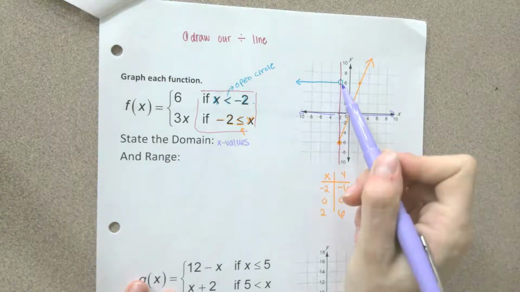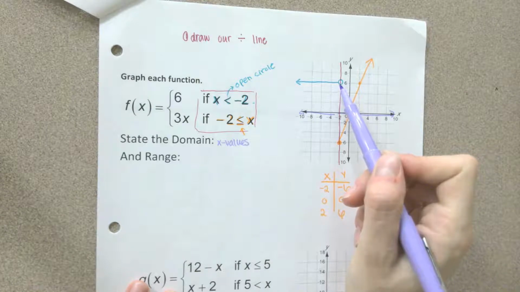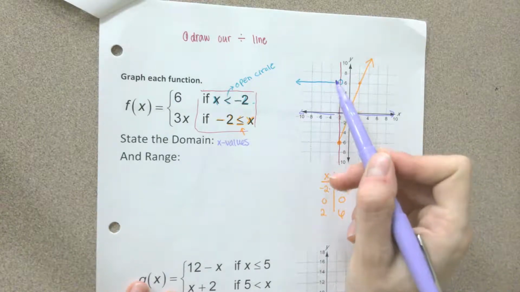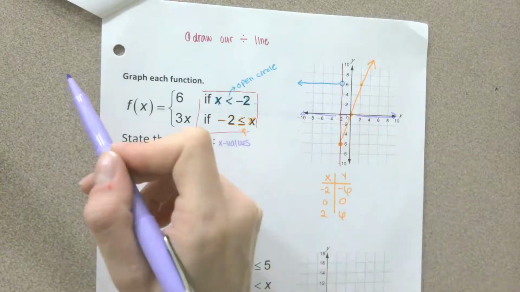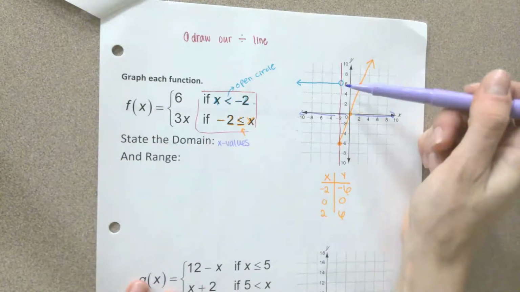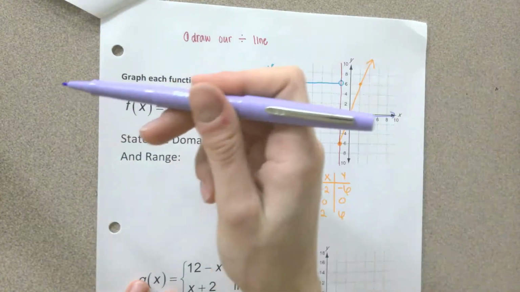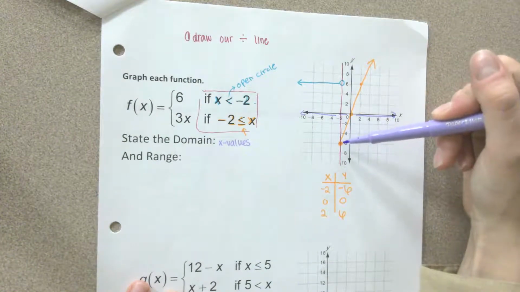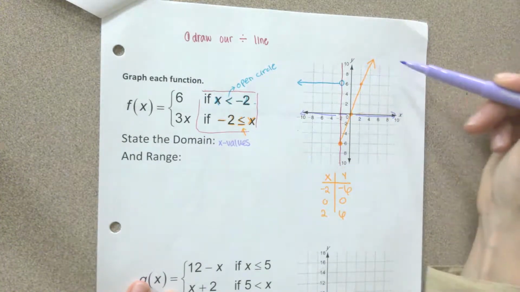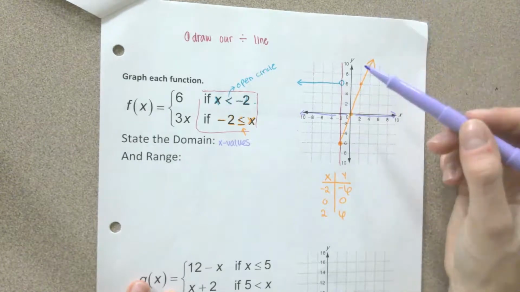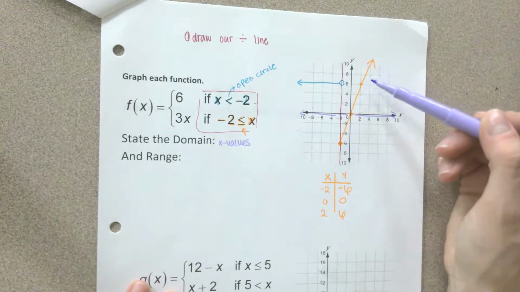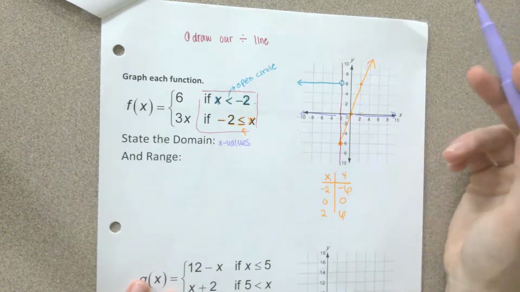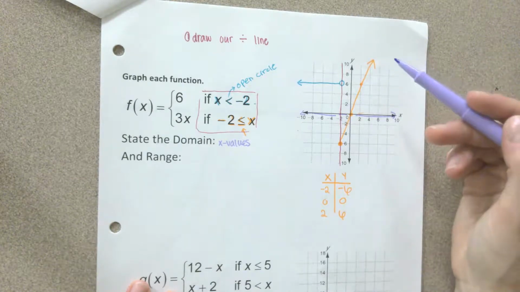So if we keep going from this line right here all the way to -infinity and go on forever, we're including all of those negative numbers. If we start at this point right here and go up and to the right, because this just continues forever, we're going to go all the way to the right to positive infinity, okay?